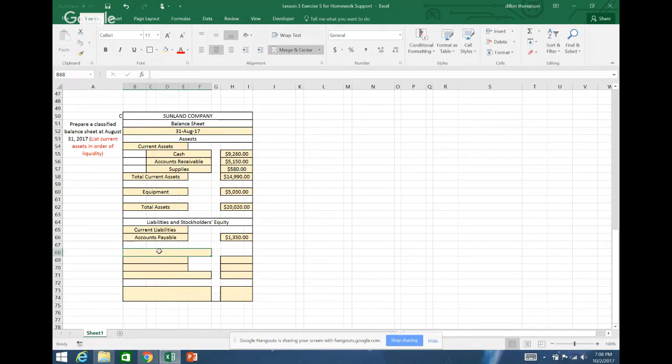Our next part in this balance sheet would be the stockholders' equity section. And this part of the balance sheet has two parts to stockholders' equity, which is common stock and retained earnings.